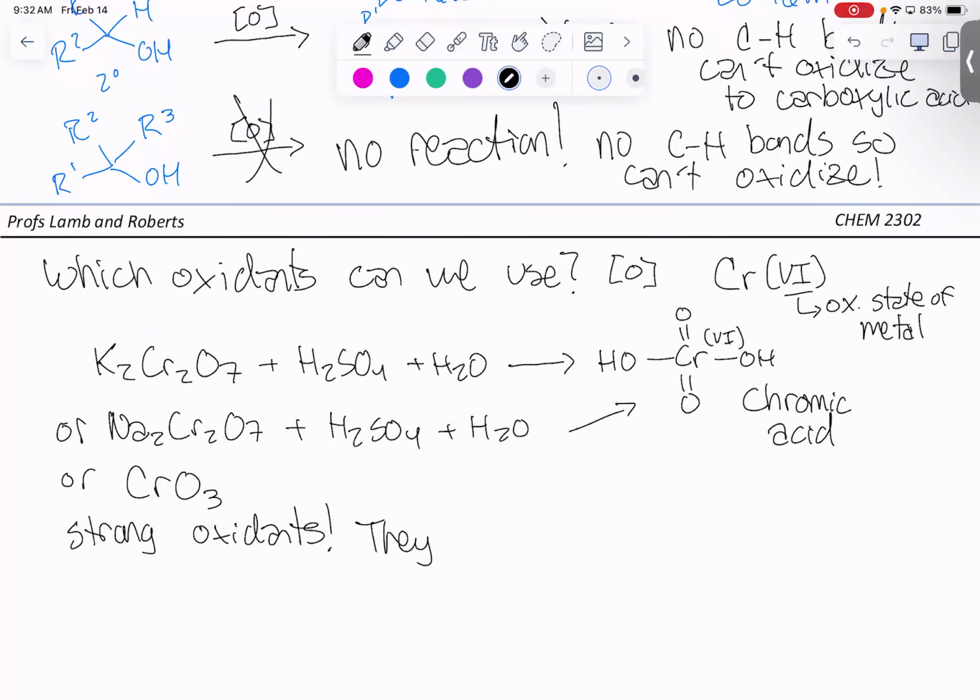It ends up being chromium 6 as well, and it's double bonded to each of those oxygens. So they're strong oxidants. They will oxidize as high as possible in oxidation state.